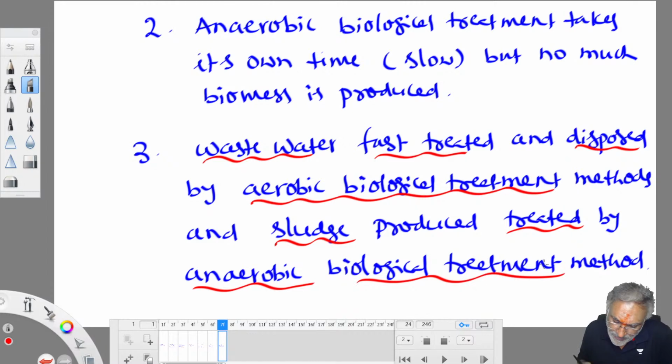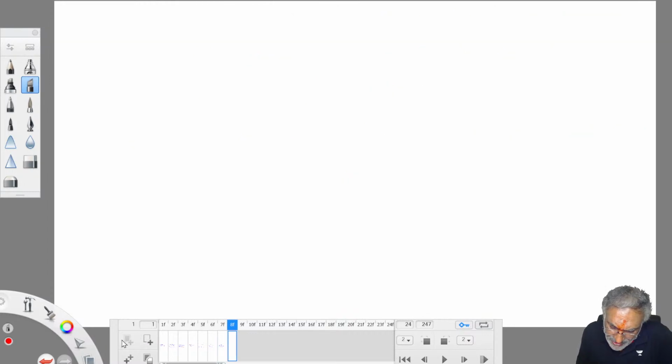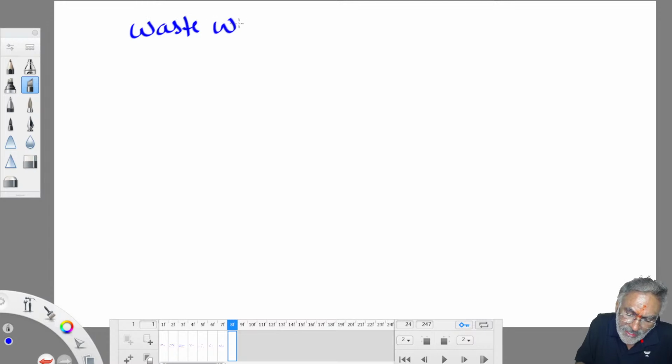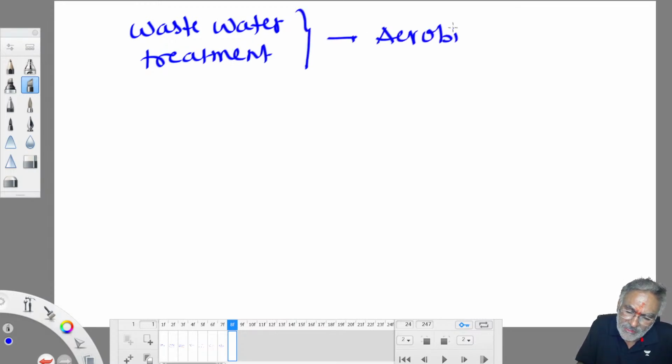It takes its own time. So sludge is also not produced every day. Once in a while we get sludge. Therefore, even if it takes more time, no problem. So wastewater treatment is always aerobic biological treatment. Not always, you can also treat anaerobically, depends on the time.